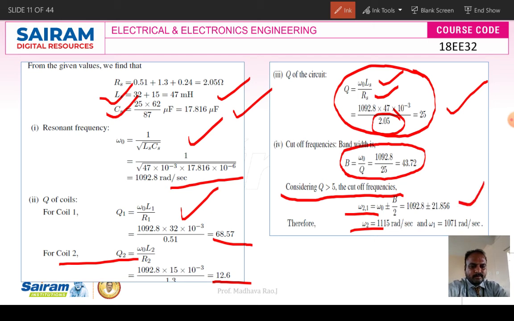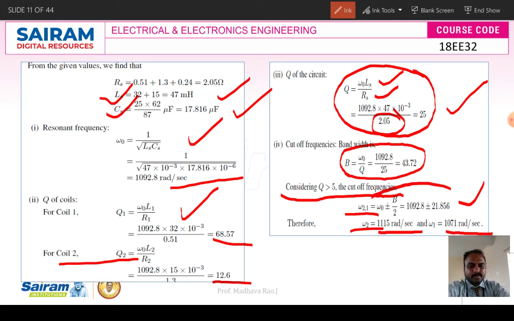Substitute omega naught and B values, and you get omega 2 is 1115 and omega 1 is 1071.